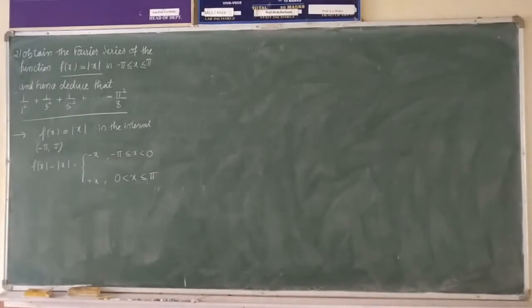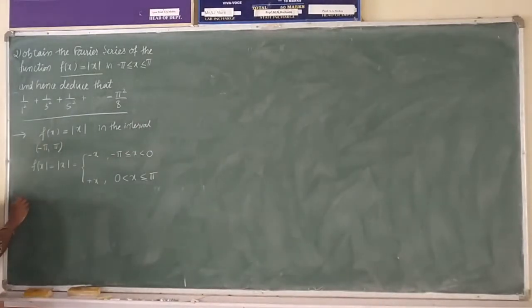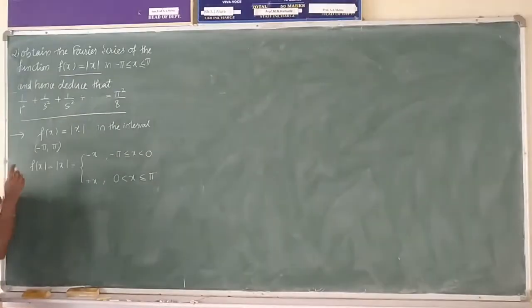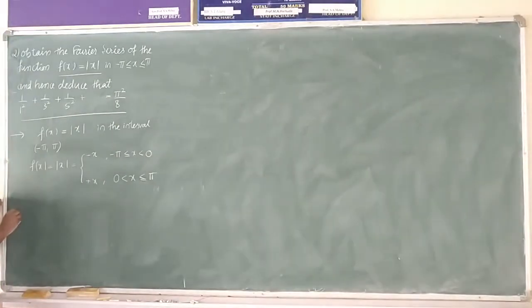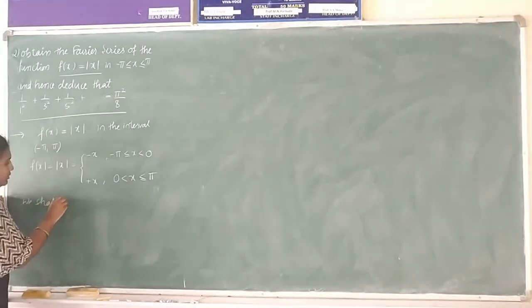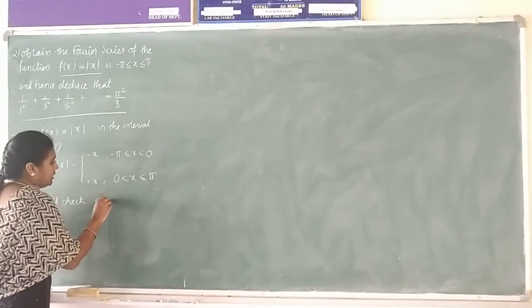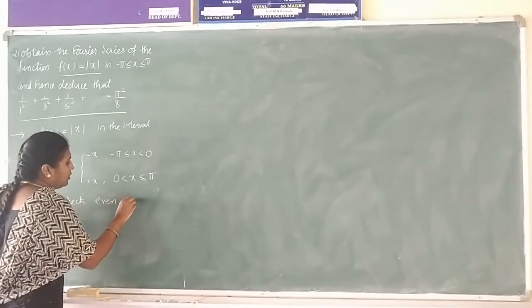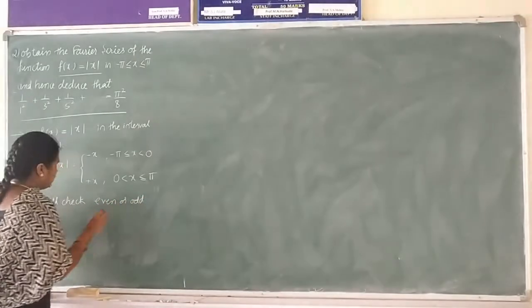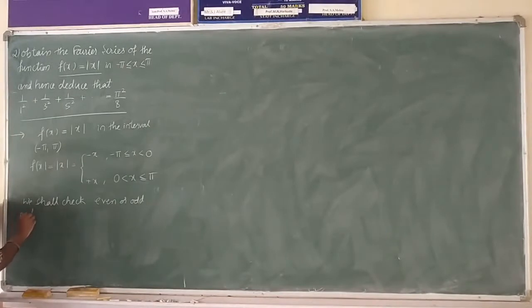Before finding the Fourier series, we need to check the even or odd nature of f of x.